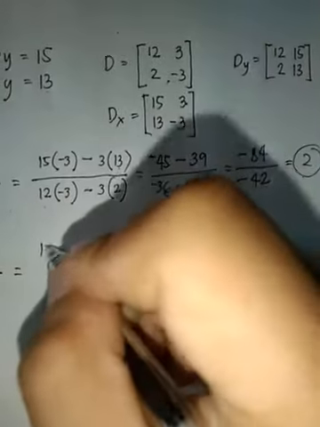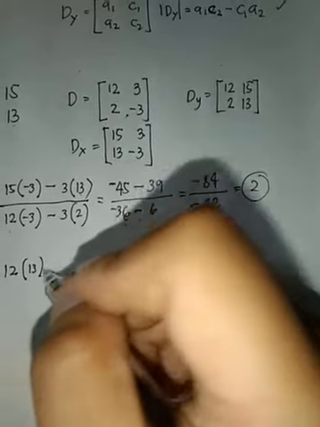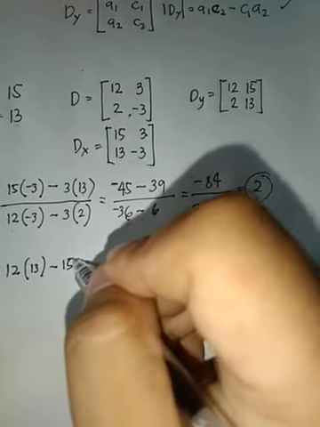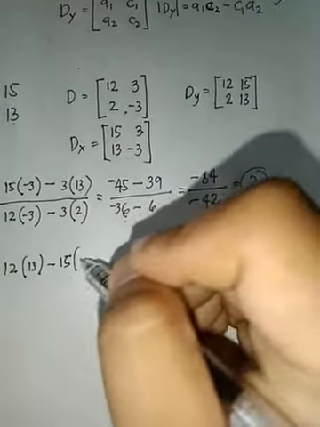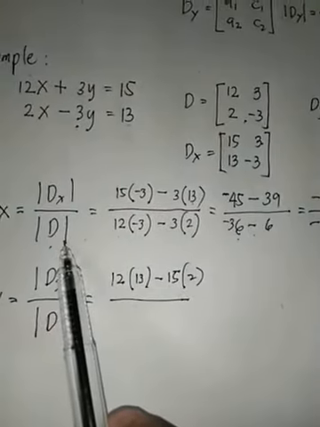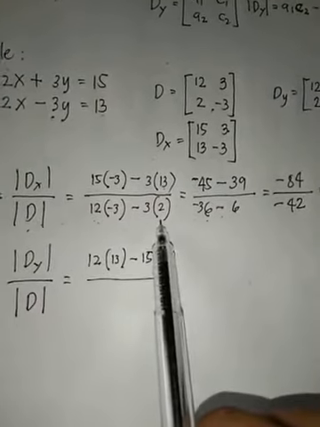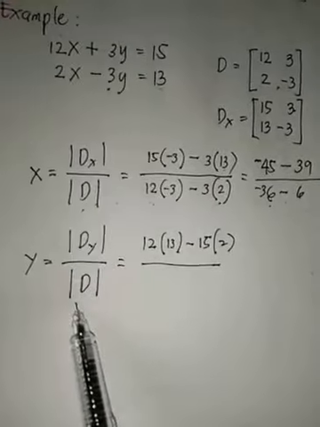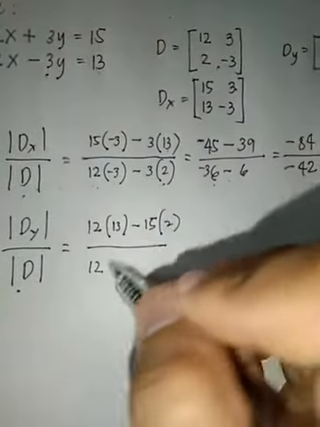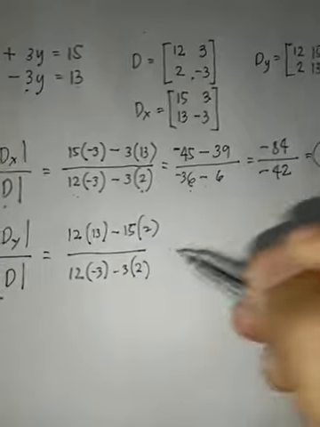So, we have 12 times 13 minus 15 times 2. Kanina, nagkuha tayo ng determinant of d. So, i-copy na lang natin kasi pareho naman siya dito. So, we have 12 times negative 3 minus 3 times 2.